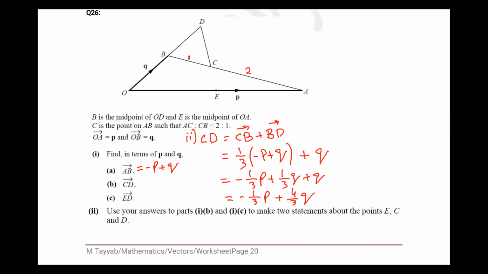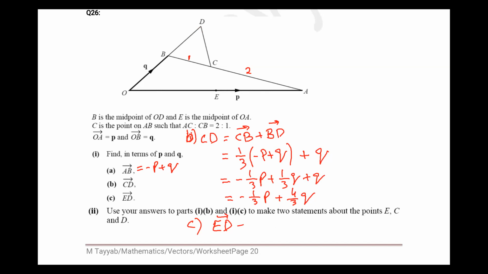And then you have to find vector ED, third part, C part, sorry. So C part is you have to find vector ED. So the path for ED should be E to O, O to D. What is vector E to O?